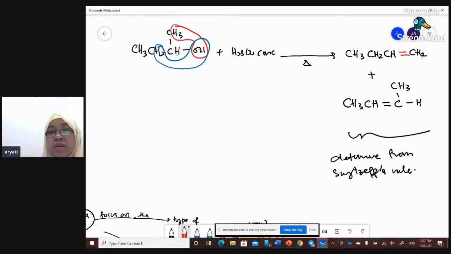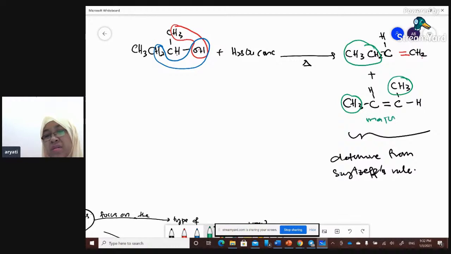So actually kalau saya lukis kat sini adalah H. So alkyl group dia adalah this one alkyl group. Kalau sini saya lukis balik, so number of alkyl group is 1, 2 alkyl group. So obviously this one will be have major and this one is a minor.